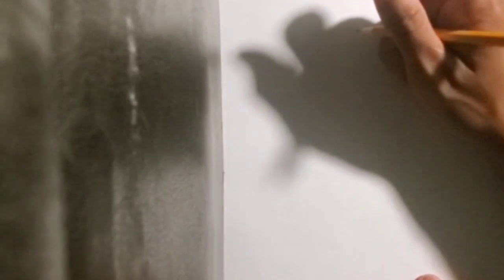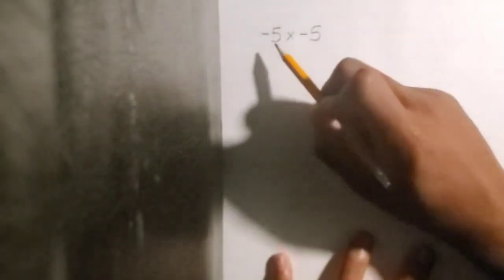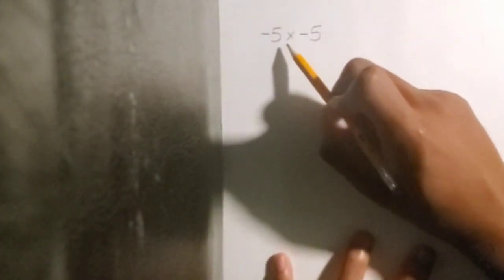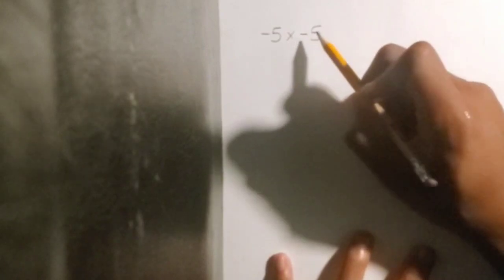Alright now, we're gonna do the multiplication with the negatives and the positives. Are we ready? Okay. So now we have negative 5 times negative 5 equals 25.